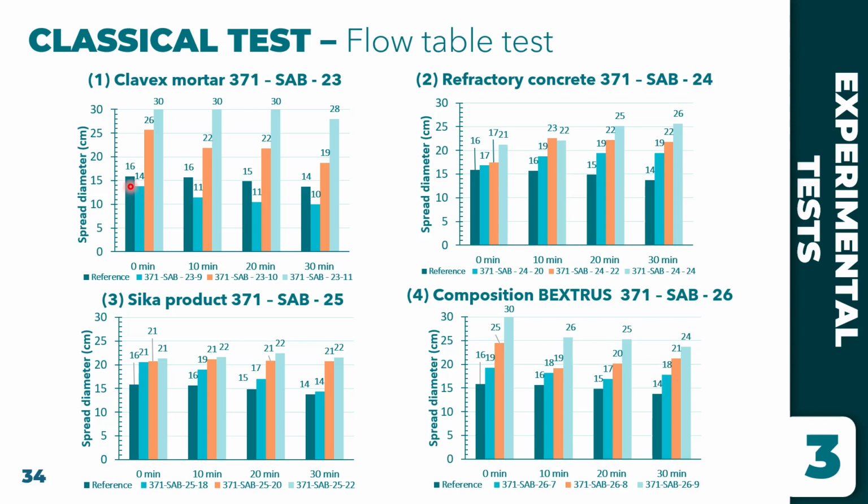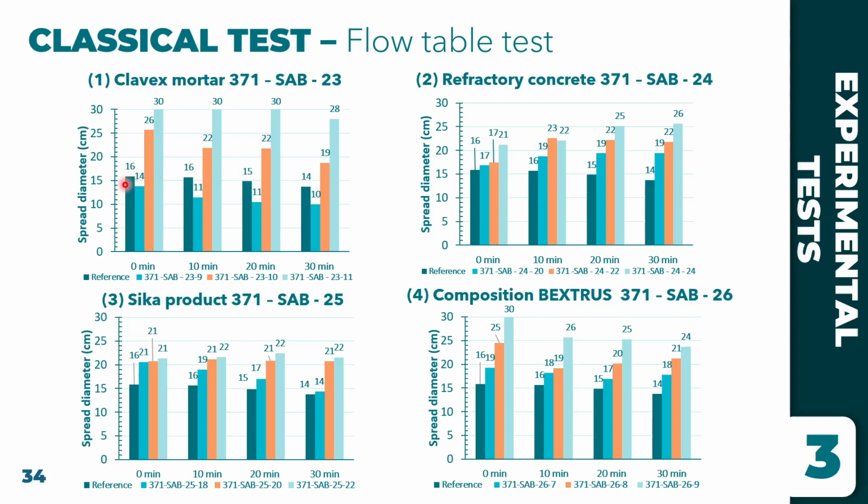This is the spread diameter of conventional mortar. We see that it is around 15 centimeters, not too fluid. And the orange column here is the spread diameter of the original water content of the 3D printed mortar.